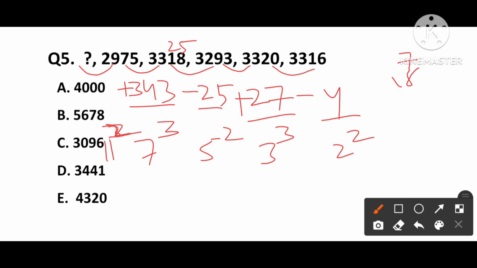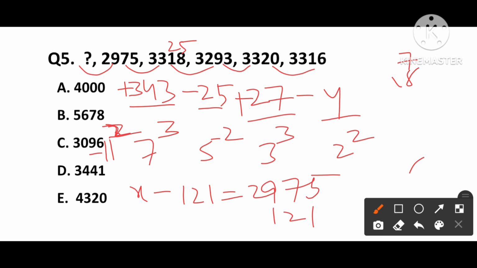Okay, 11 square, and its difference. x minus 11 square, 121, equals 2975. So the answer will be 2975 plus 121. So the answer will be 693096 is our answer. Option C is the answer for this question.